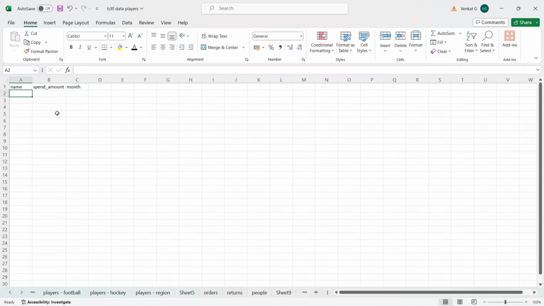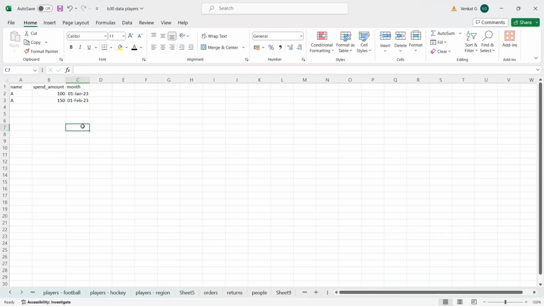So assume I have one person, A. He spent 100 rupees in the January month. The same person in the February month spent 150 rupees.